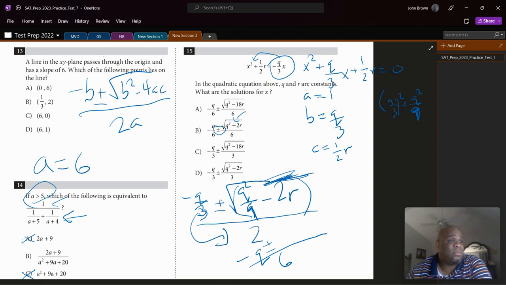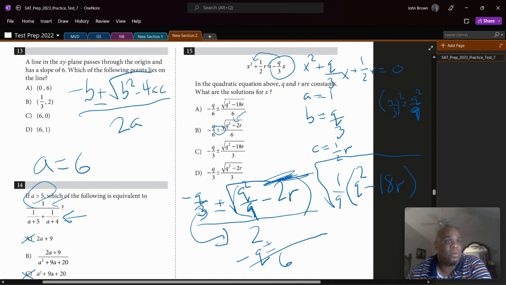So if I'm going to simplify this, this is going to be 1 over 9 times Q squared minus. So 1/9 times what will give me 2? 1/9 times 18 will give me 2. So this is the same thing as the square root of 1/9 times Q squared minus 18R. So that's where the fraction actually goes.